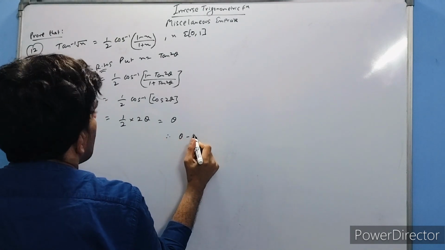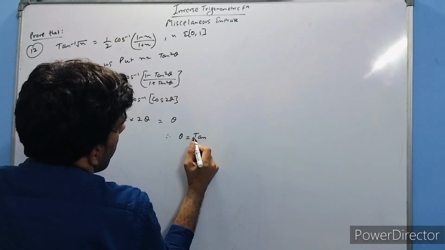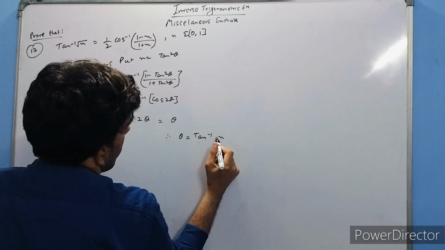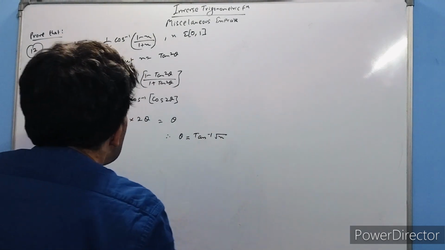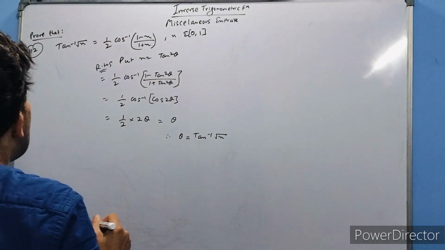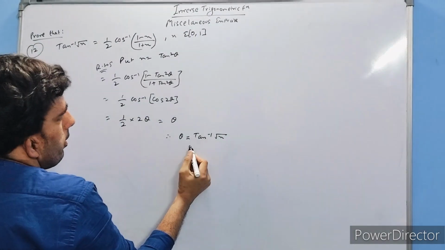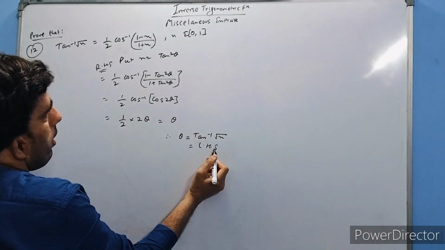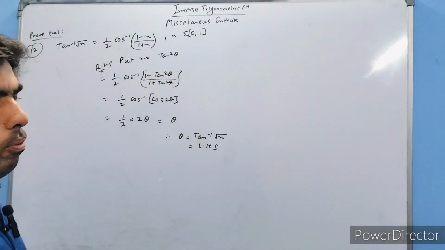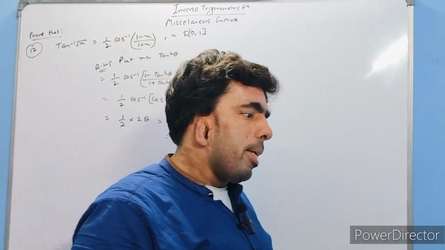Therefore theta is equal to tan inverse root x. So I have done this. Now in a very simple way, we have proved this is equal to LHS. So that is how we are able to solve such kind of numericals.